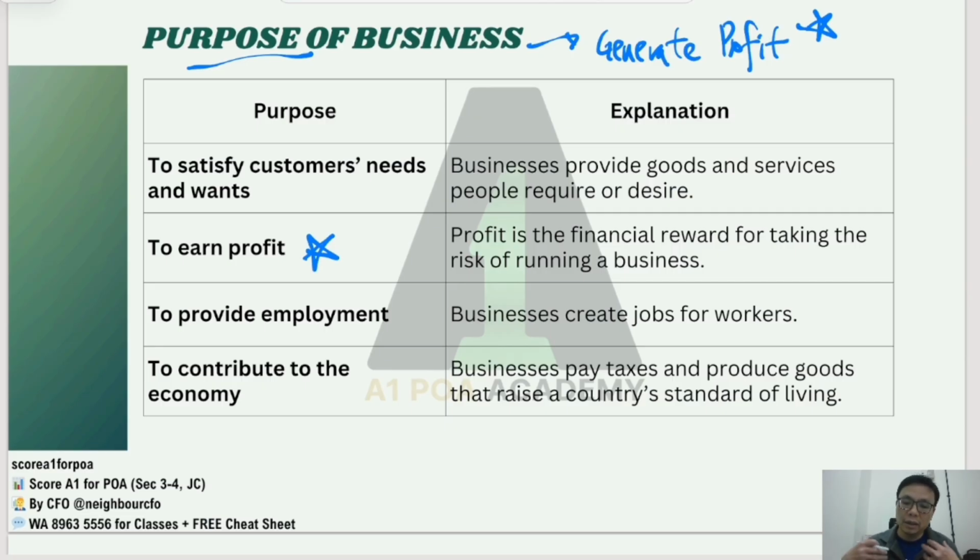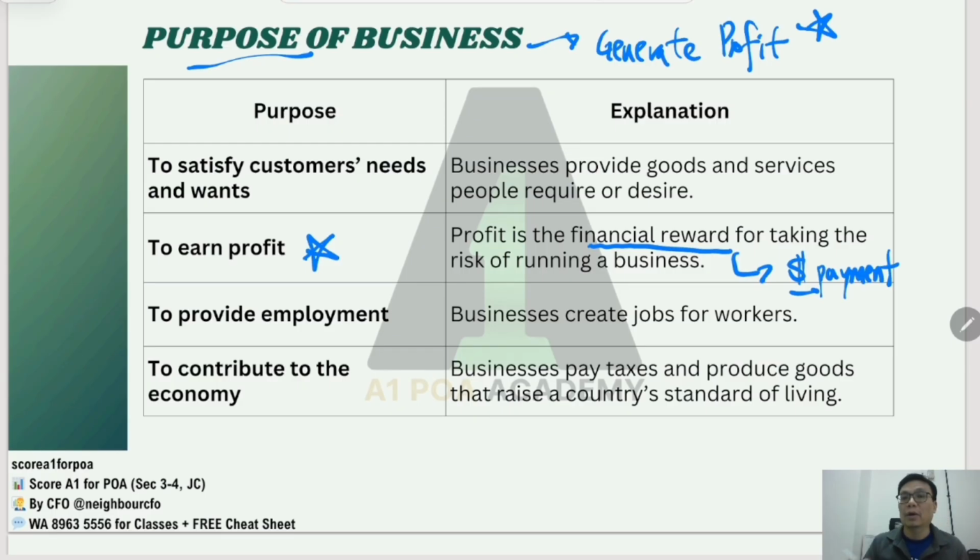So when the seller sells the goods and services to the buyer, this is where the buyer would have benefited, because he would have received the title of the goods and benefit from the goods and services. So therefore, profit is the financial reward for taking the risk of running a business. The reward will be in the form of payment by the buyer to the seller, right?